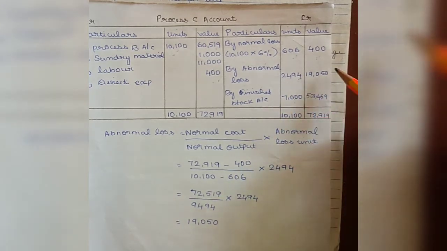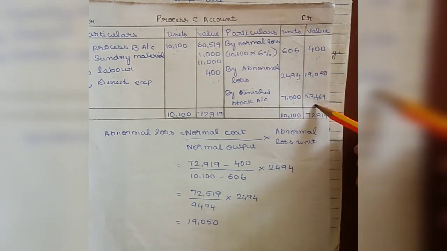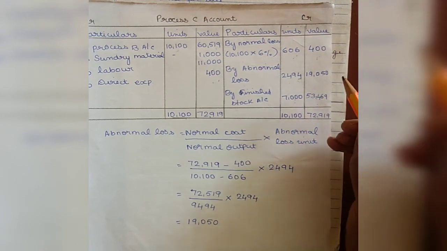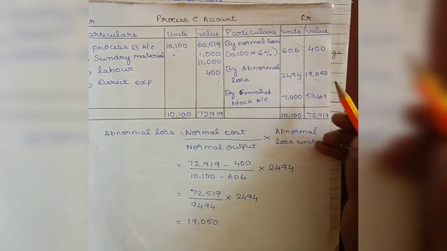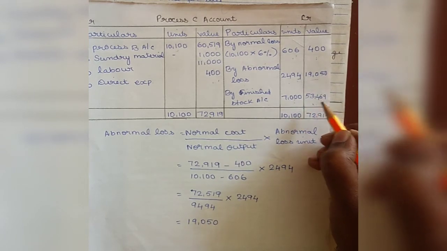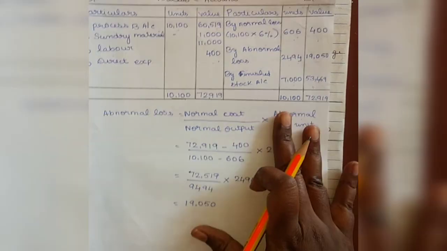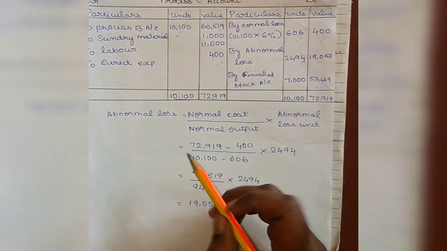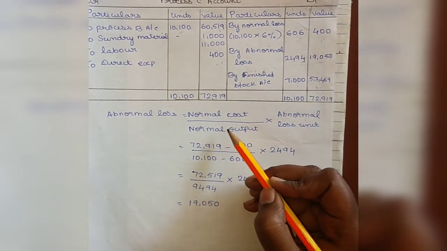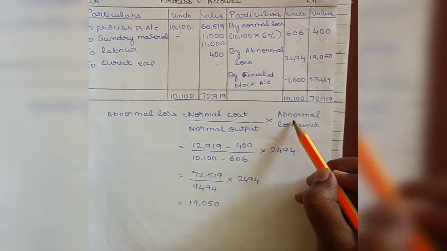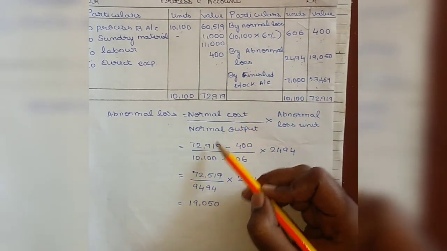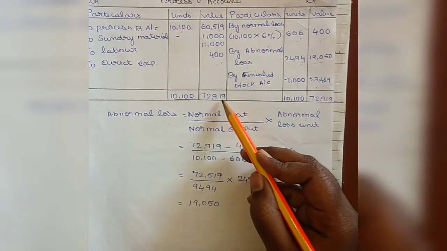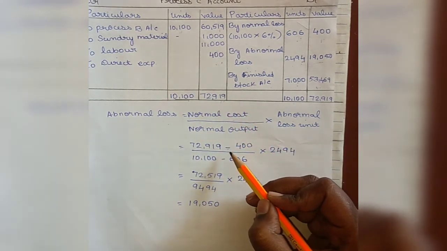Now these are the two values that are left for us to find out. First, by making use of the formula, we will find out the value of abnormal loss, and the value of finished stock will be the balancing figure. Okay, now see, this is the formula to calculate abnormal loss: normal cost divided by normal output into abnormal loss units. How do we arrive at the normal cost? Your total expenses, which is 72,919, minus the normal loss value.